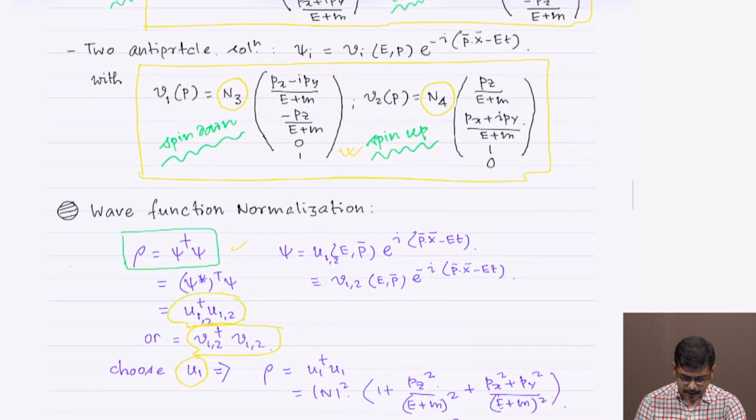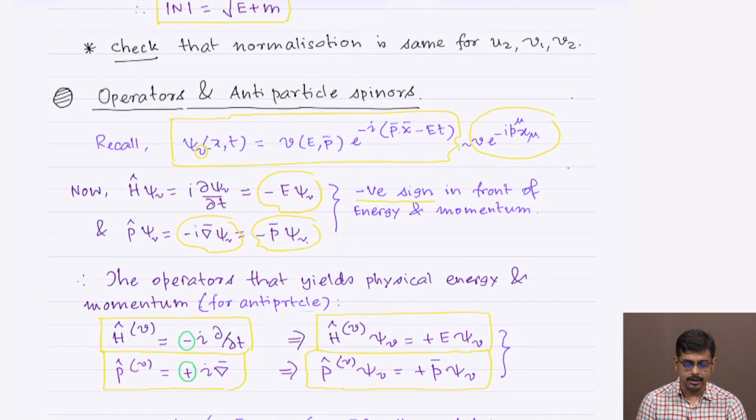Then we said that for the antiparticle cases, the operators we can think of are not exactly the same as those which operate on the particle-like solutions. When the Hamiltonian operator operates on the antiparticle solutions, it gives you negative energy, and similarly the standard momentum operator gives negative momenta.